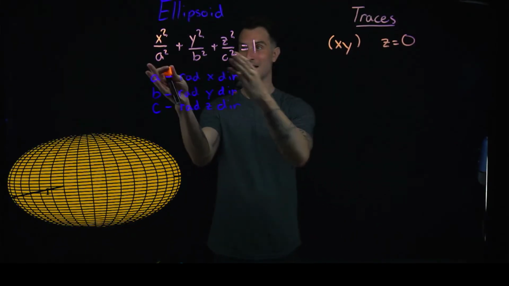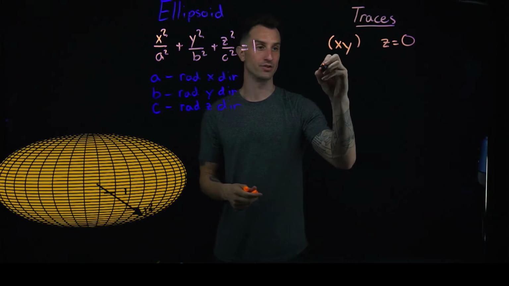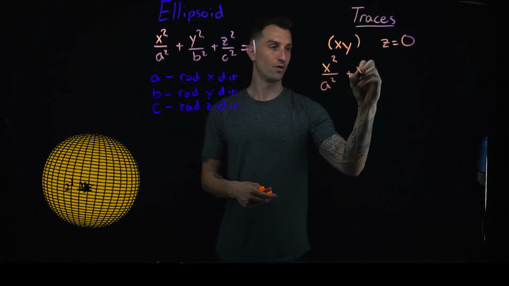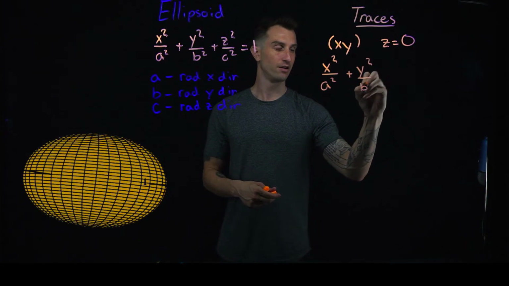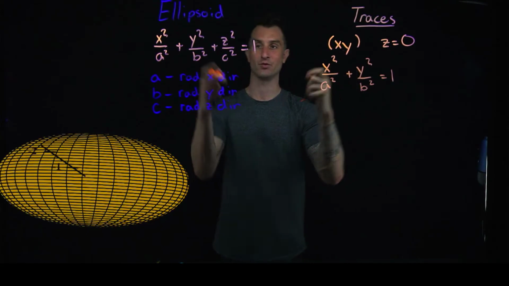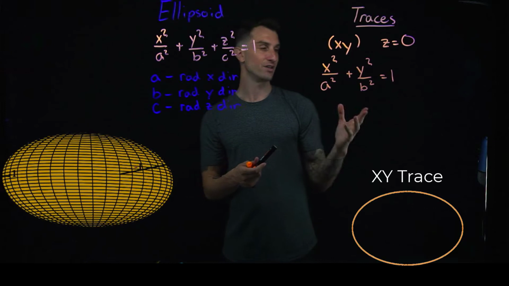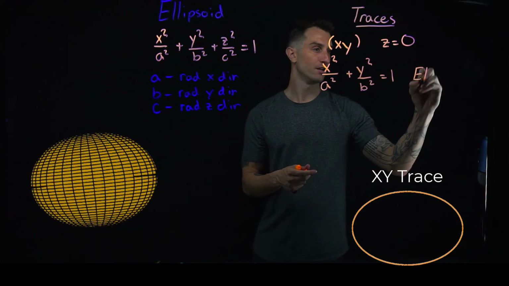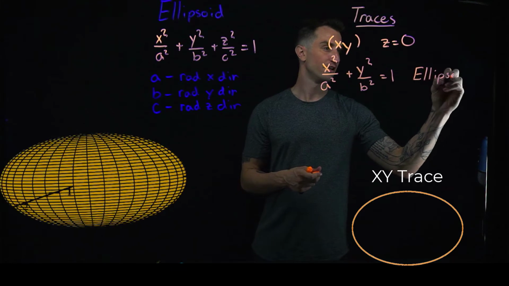So what happens? All we have to do is replace z with 0, and we'll see what we get. x squared over a squared plus y squared over b squared is equal to 1. That's what happens when we plug in 0. And what is this? Well, this is an ellipse. So in the xy plane, we have an ellipse.